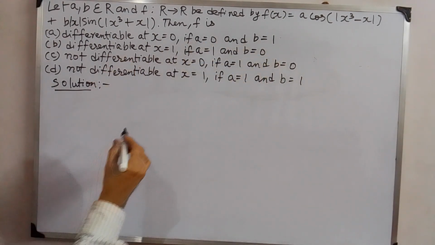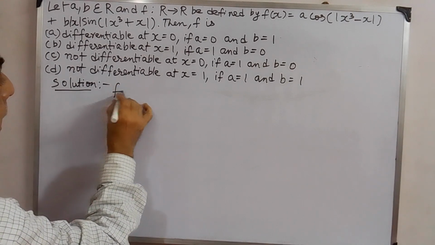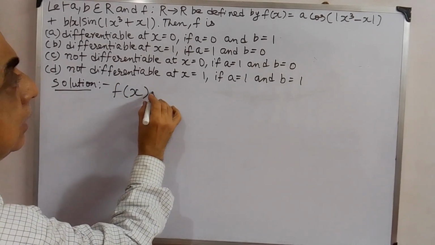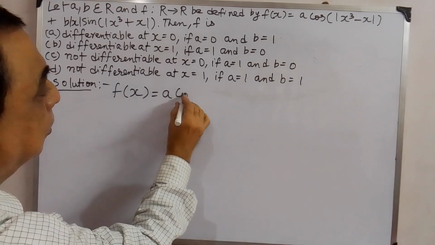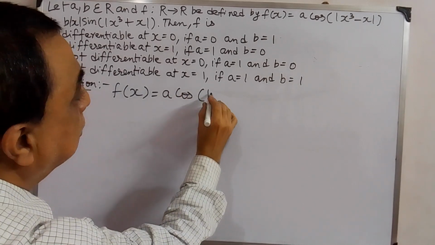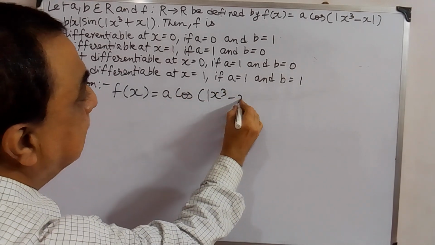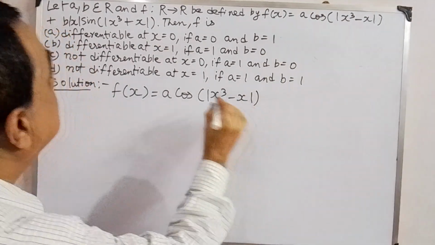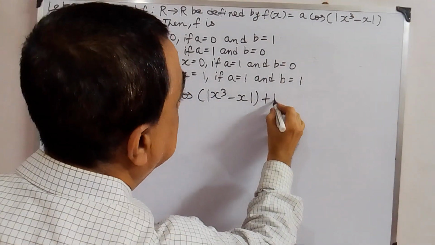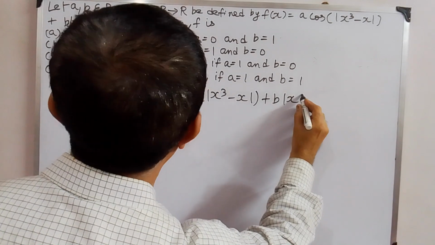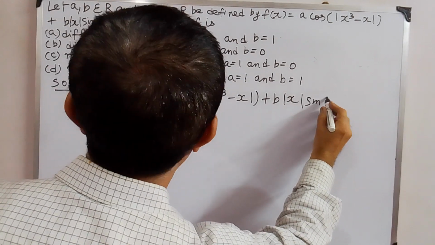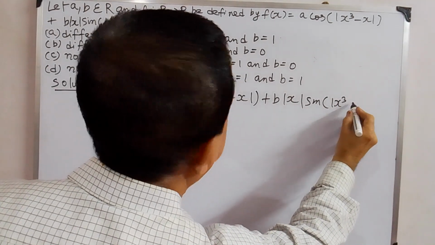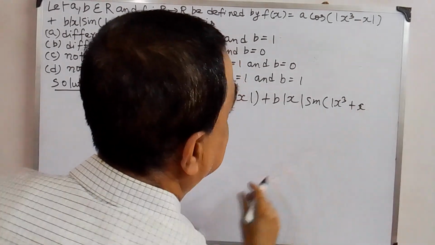Here the function f(x) is given as a cos of modulus of x³ minus x, plus b modulus of x into sine of modulus of x³ plus x.